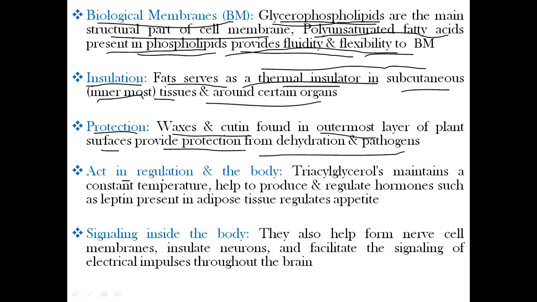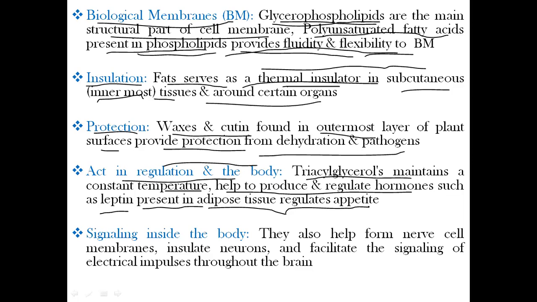Lipids also act in regulation and maintenance of the body. Triglycerols maintain a constant temperature and help to produce and regulate hormones such as leptin. Leptin is present in adipose tissue and it regulates appetite.